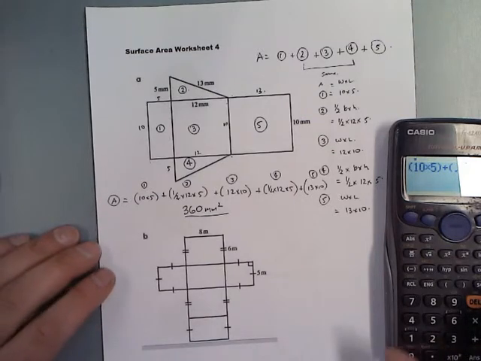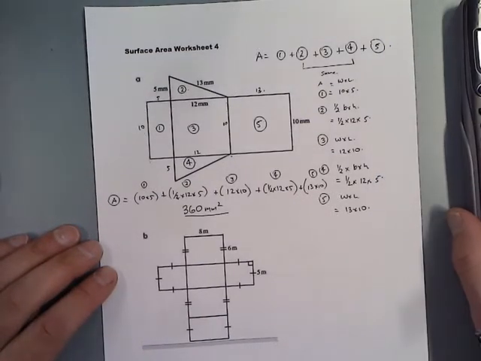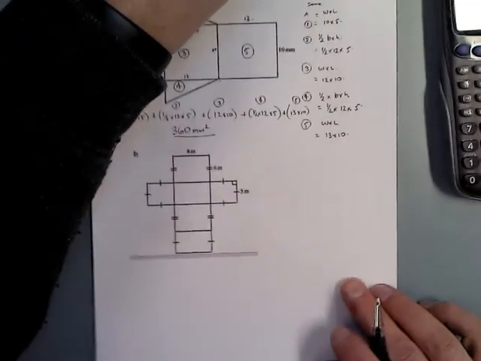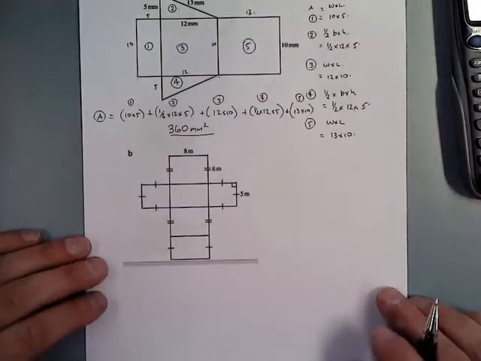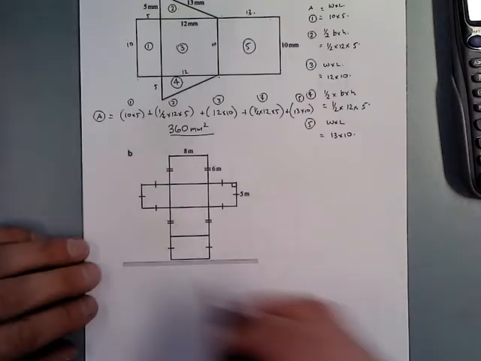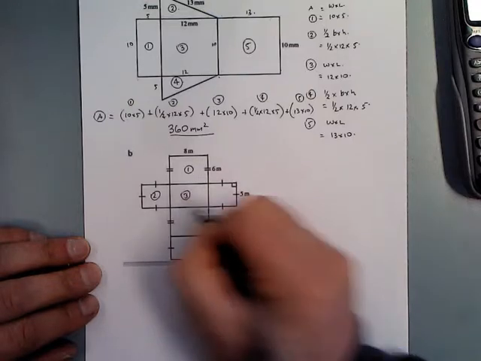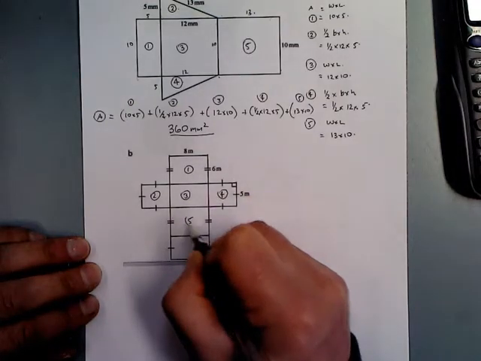Okay, the next question, which is question B. As you can see, surface area calculations are quite lengthy. I'll do the same thing again. I'm going to call that area 1, area 2, area 3, area 4, area 5, area 6.